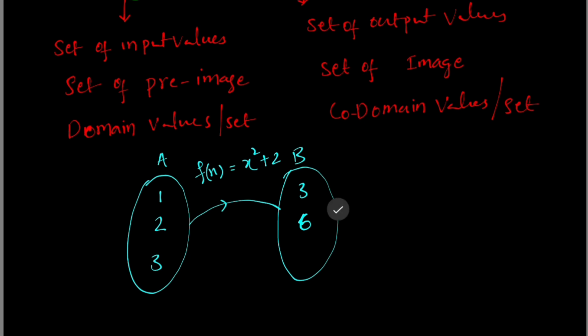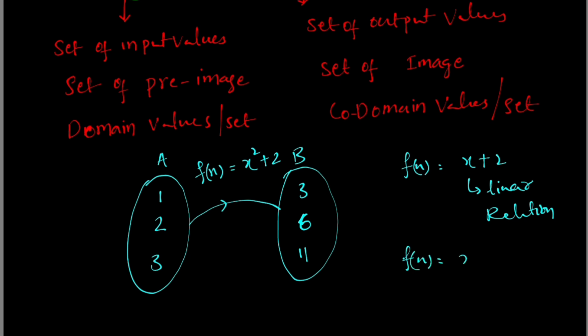And when x equal to 3, the output value based on its relation is 11, right? So previously the given relation was a linear relation, that is f of x equal to x plus 2. And at present f of x is x square plus 2, which is a quadratic relation, right?